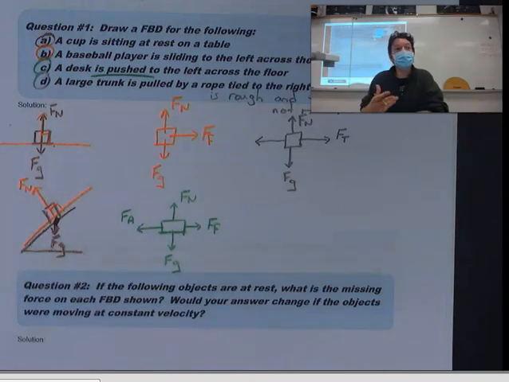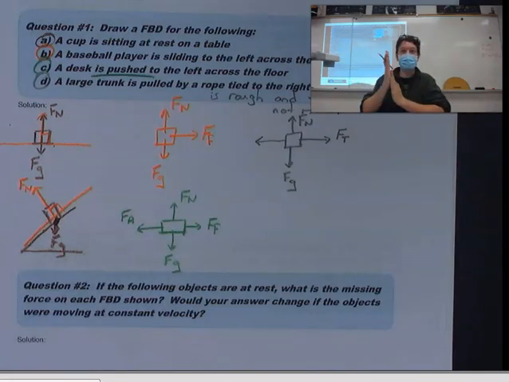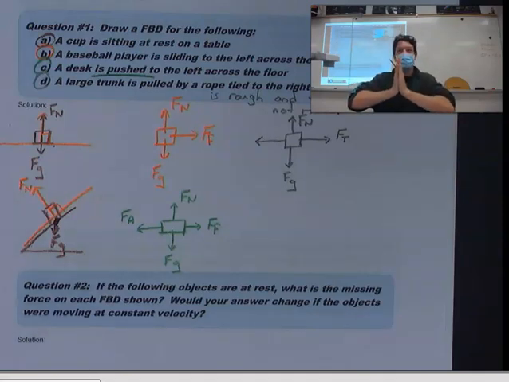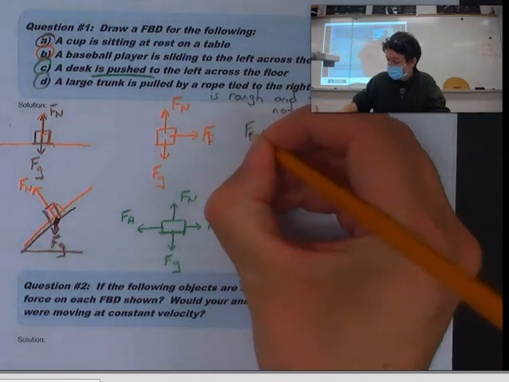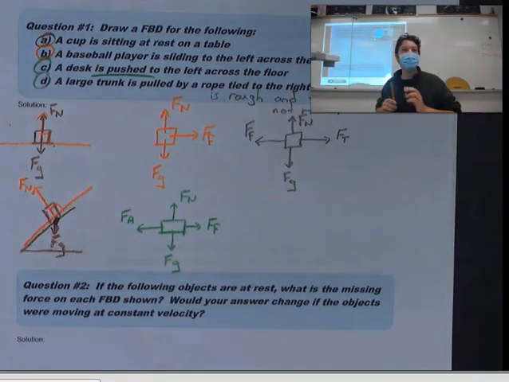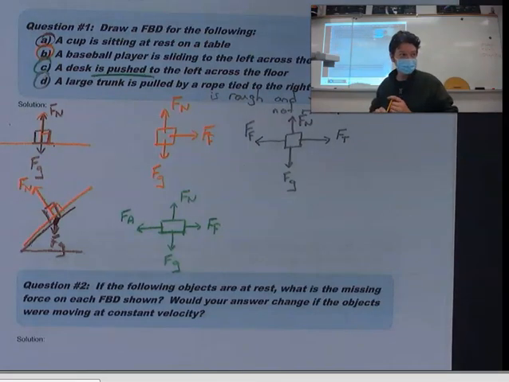But once you do get it moving, it's a little bit easier to keep it moving. And so we have those two types of friction. One which acts when two surfaces are actually moving against each other. And the other, when they're sort of locked together and it's hard to get them to start moving. So I'm just going to write this as a frictional force, and in a later lesson we're going to go into much more detail between these two types of frictional forces.